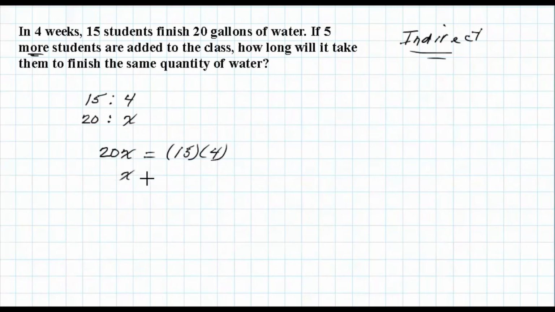And so x then is equal to 15 times 4 is 60 divided by 20. So x then is equal to 3. And again, if I forgot what I was looking for, I'm looking for how long in terms of weeks. So it will take 3 weeks to be done with that much water if I had 20 students, whereas it would take me 4 weeks when I only had 15 students.